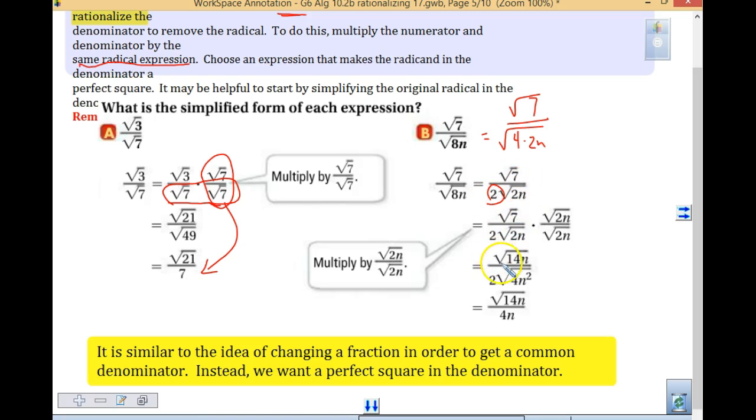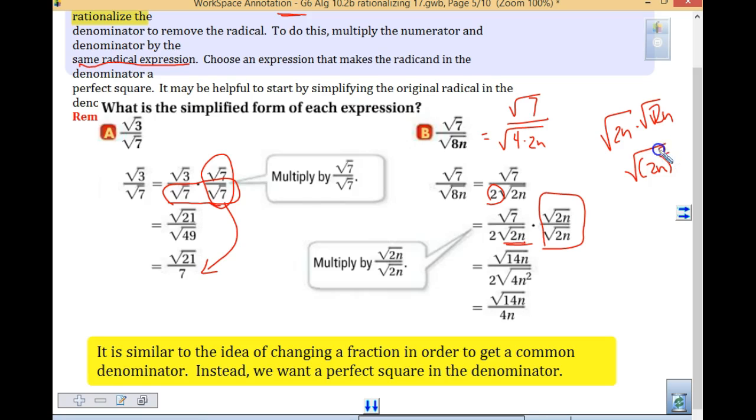If I'm going to rationalize the denominator, that means I cannot have square root of 2n. So I'm going to multiply by that exact thing, square root 2n over square root 2n. When I do that, keeping in mind that the square root of 2n times the square root of 2n is the same as saying the square root of 2n to the second power, right?